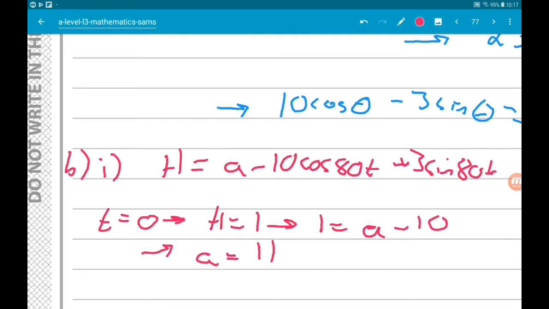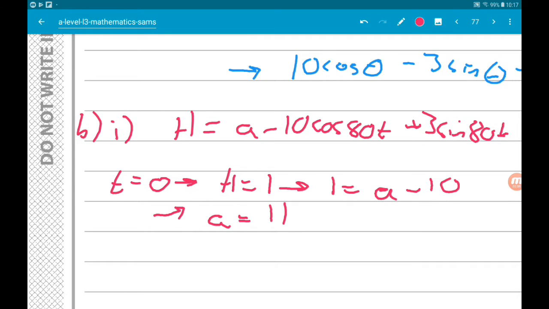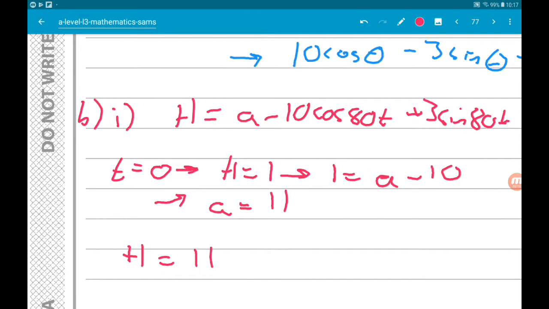So we can write the model then as h is equal to 11 minus 10 cos of 80t add 3 sine of 80t.